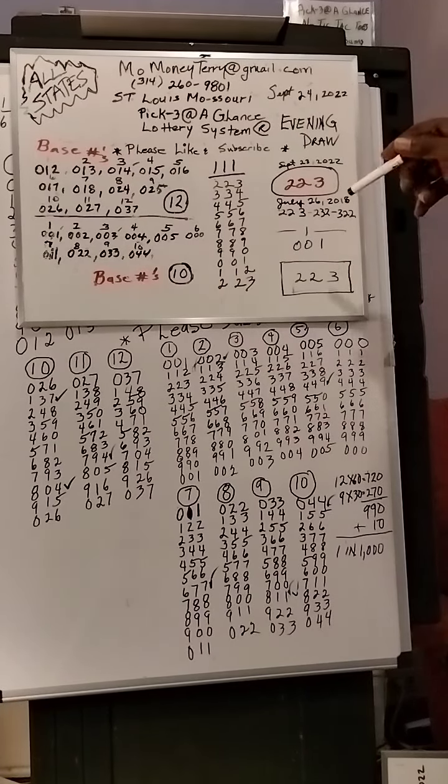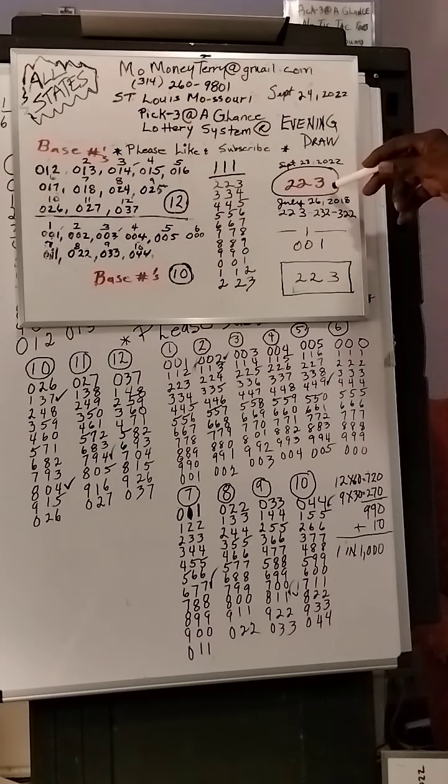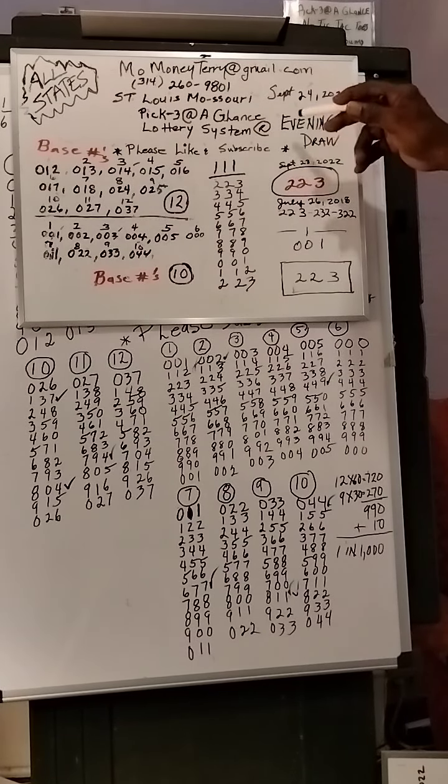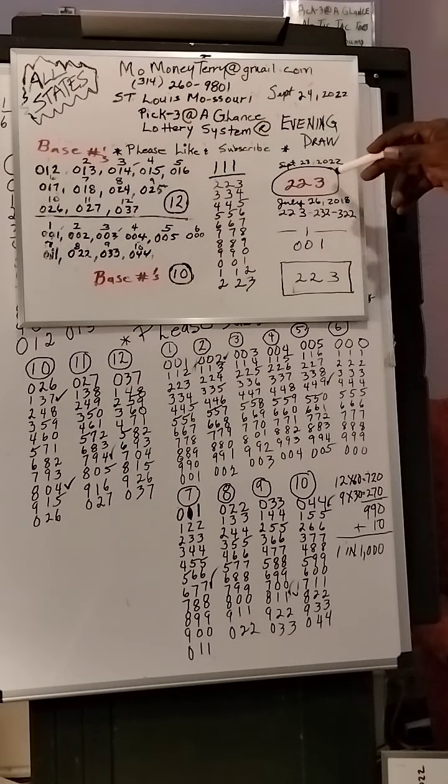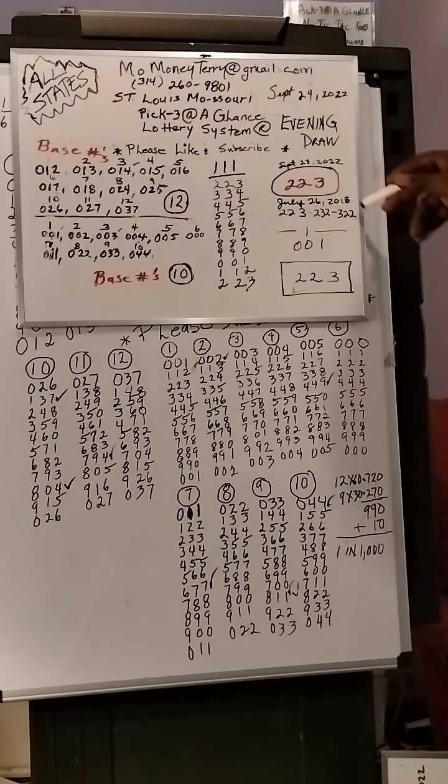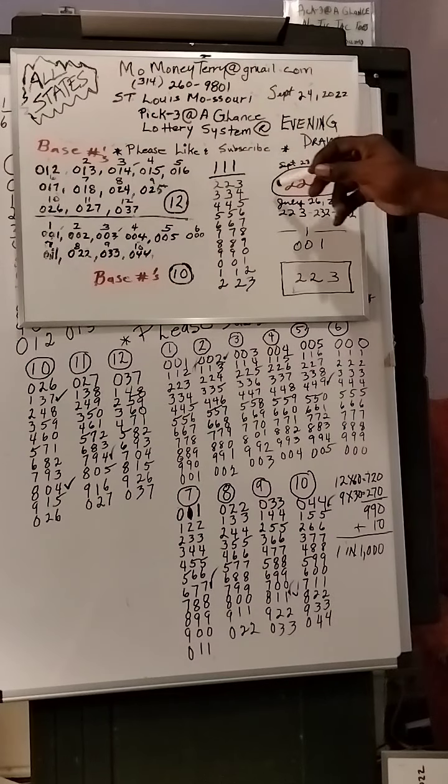So here you go. The 223. Today is the 24th, and yesterday's evening draw was September 23rd, 2022. The 223 came out. And I always like to let everybody know the last time that a number comes out straight like that.